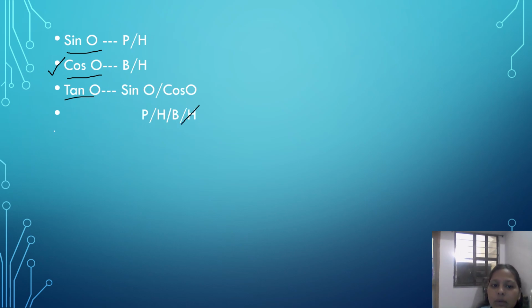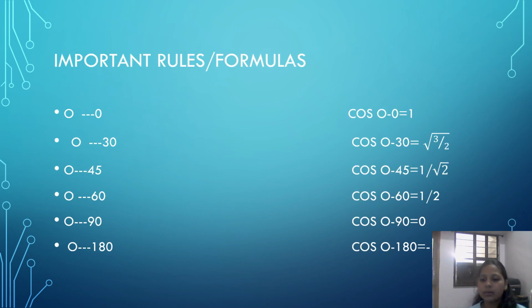So if you will see, p by h divided by b by h, the h cancels, what is left? p divided by b. Okay. Now let me tell you one more very interesting thing. If you only learn cos theta, you can work out sin theta and tan theta very simply. How?